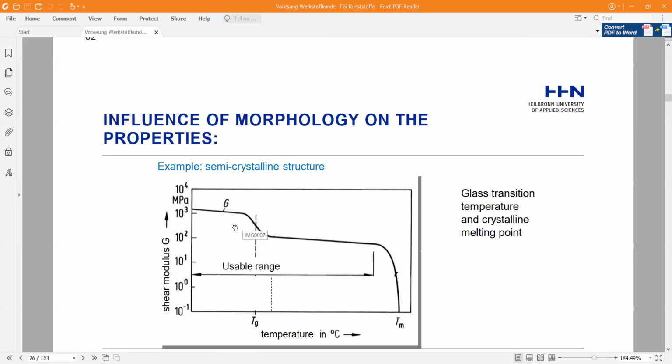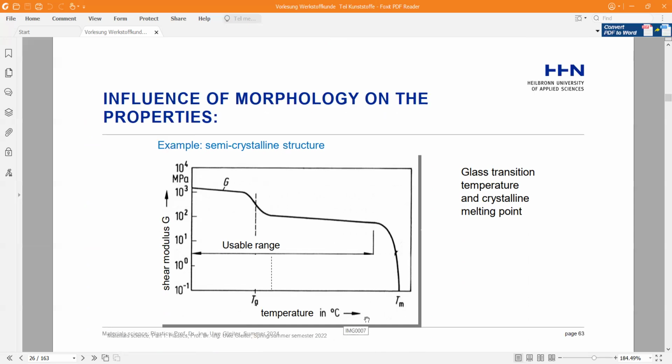In terms of morphology and properties, here we have a semi-crystalline structure example, with Tg, the glass transition temperature, and Tm, the crystal melting point. Also the shear modulus G.